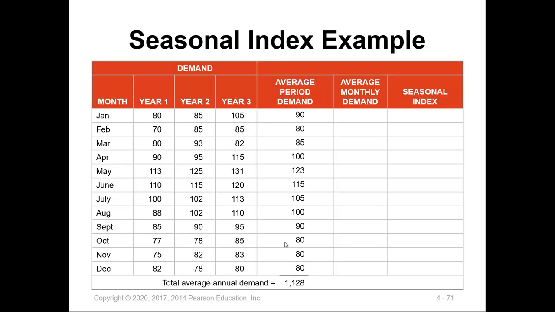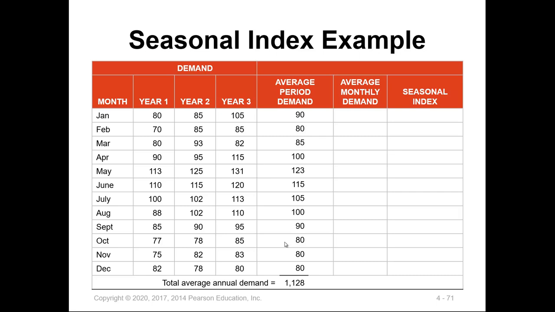For example, a distributor of laptop computers wants to develop monthly indices for sales data. Data from the past 3 years by months are available, and you can see year 1, year 2, year 3, and we have all the data from January all the way to December.